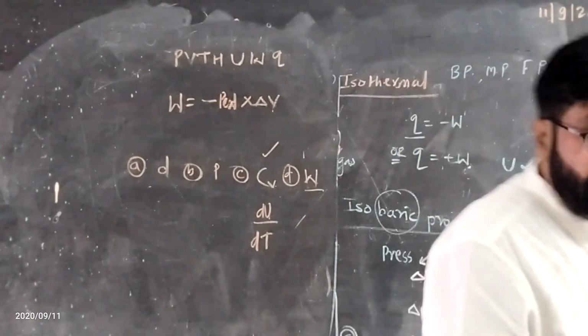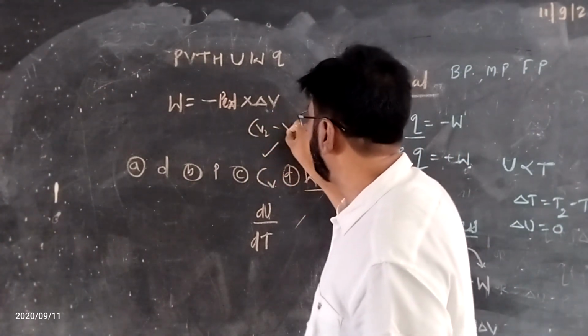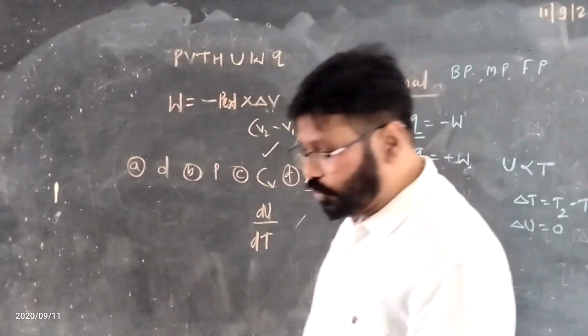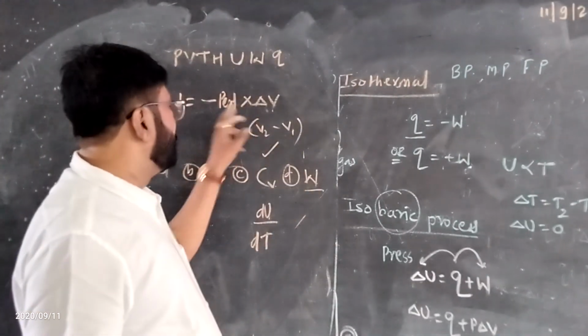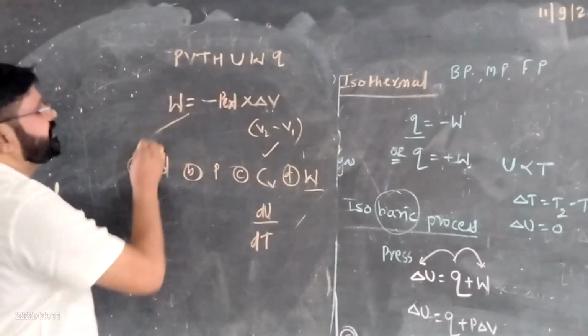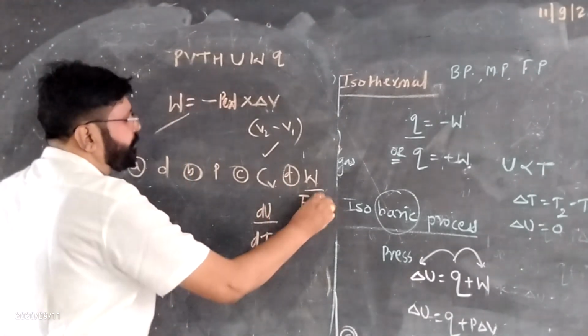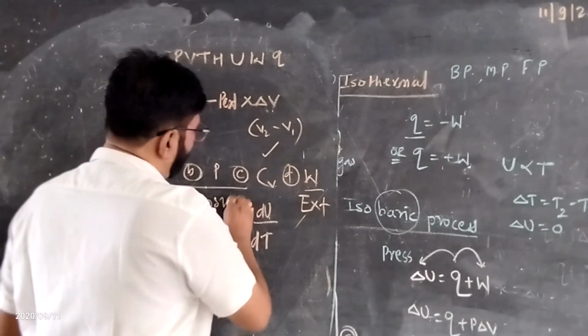For work done, a multiplication sign and a subtraction sign are used, that is for delta V, V2 minus V1. Two signs are used to calculate the work done, multiplication and subtraction. Therefore, work done is an extensive property, and these three properties are intensive properties.